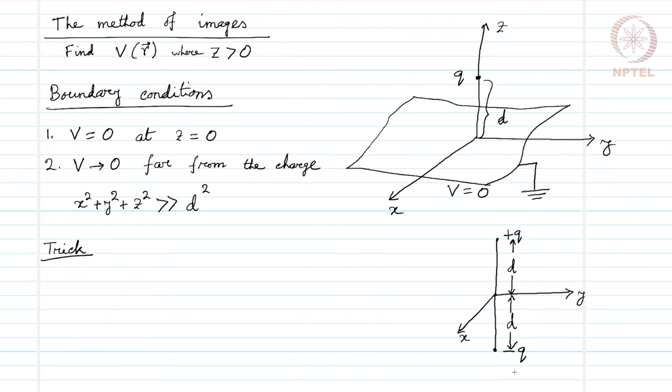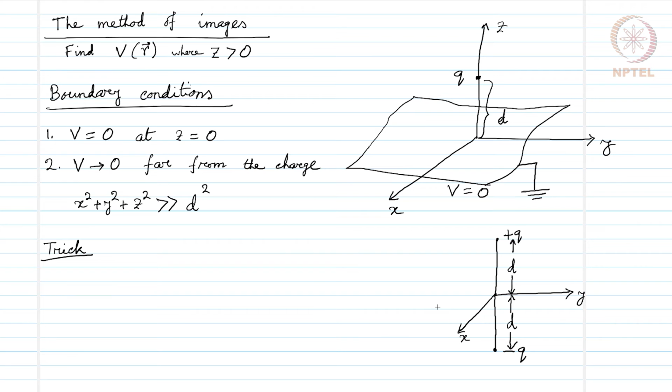And far away from these charges, when we move nearly to infinity, we will still have 0 potential. So, both our boundary conditions are satisfied with this pseudo arrangement instead of the original problem.